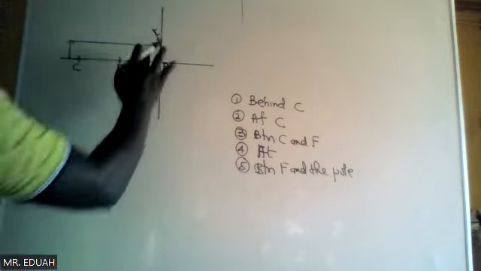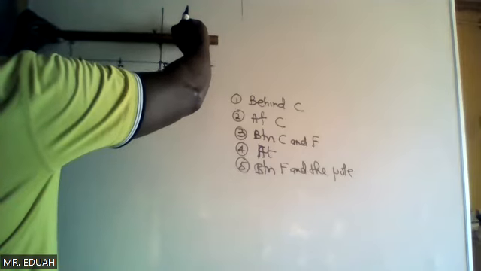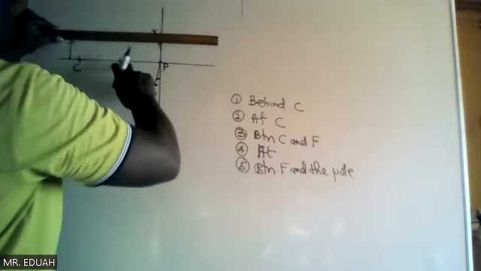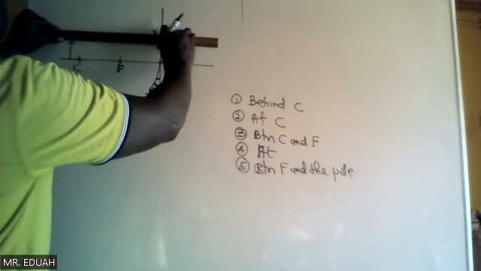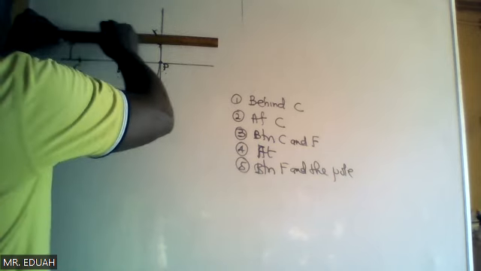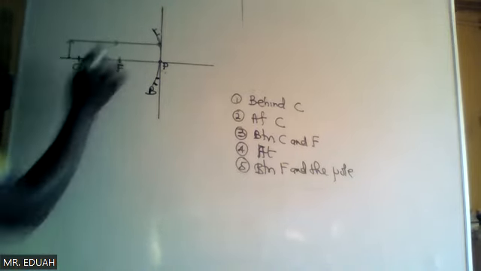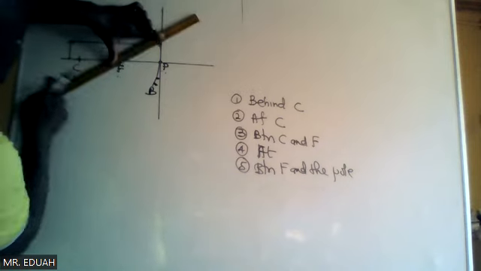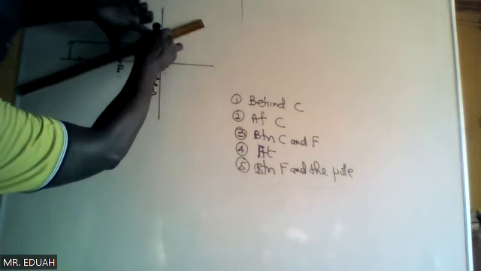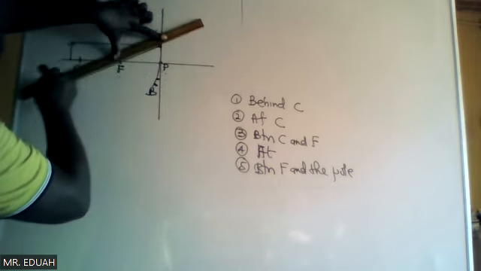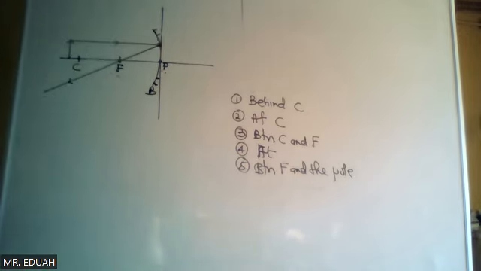Okay, my line is not straight. So when you are doing it, you have to check all these, that the ray must be parallel to this. So you have to use your eye to gauge properly. So once the ray is parallel to the principal axis, after reflection, the reflected ray must pass through the principal focus. So rule 1.